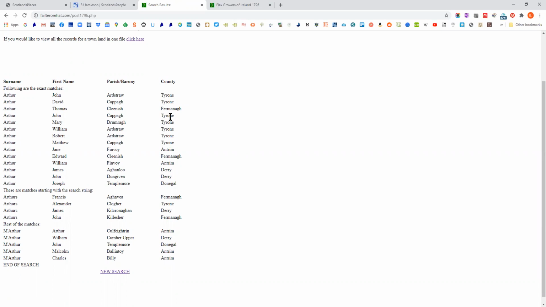And so you can see that in those northern counties that are part of Ulster, it's looking like Tyrone is where most of the people named Arthur were. And so that can be helpful, even if you can't tie any one particular of these people to your family. It at least gives you a target of where to start looking.